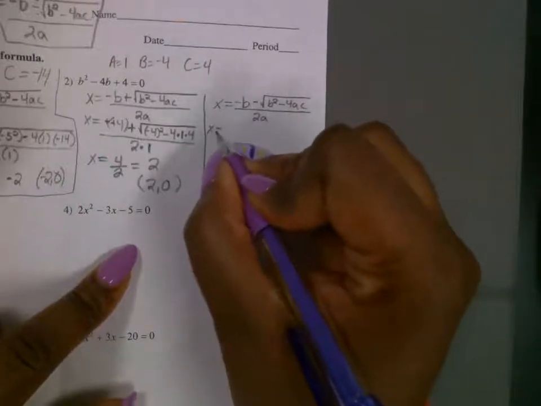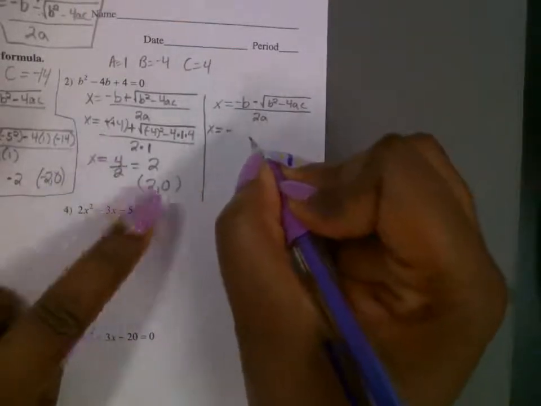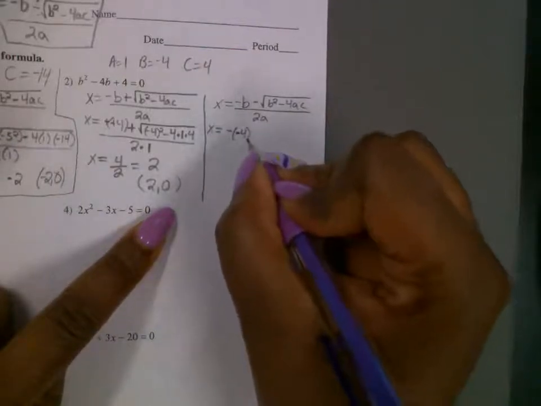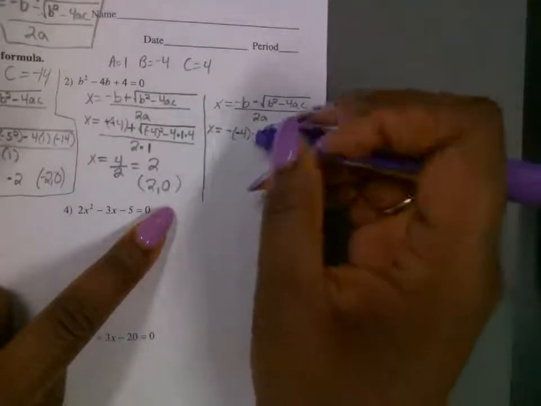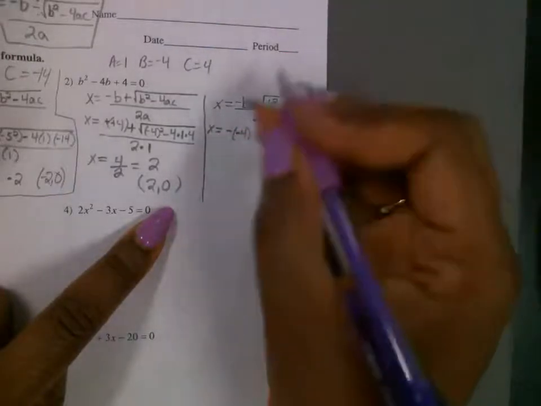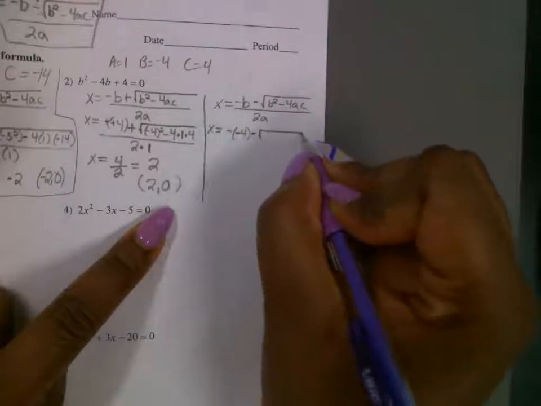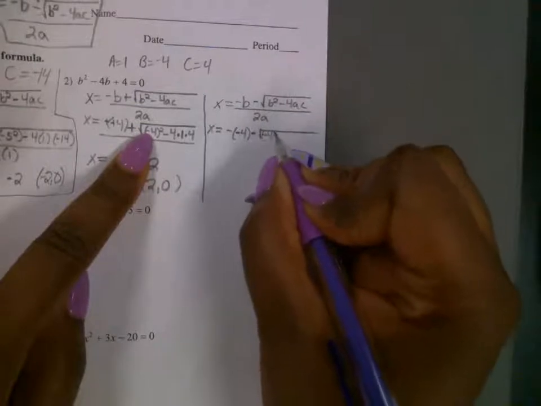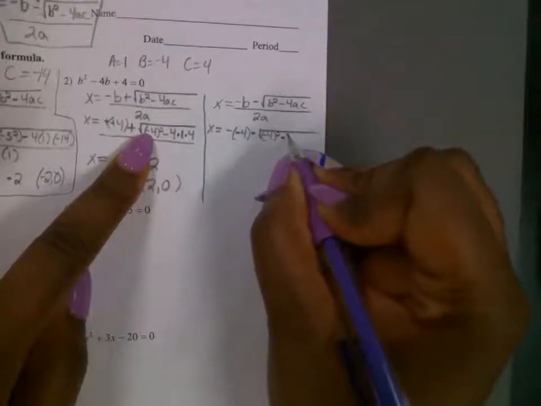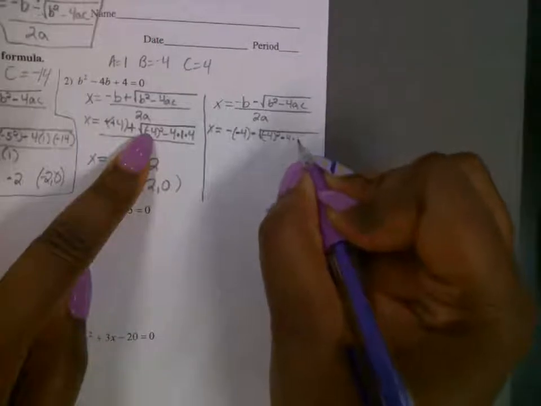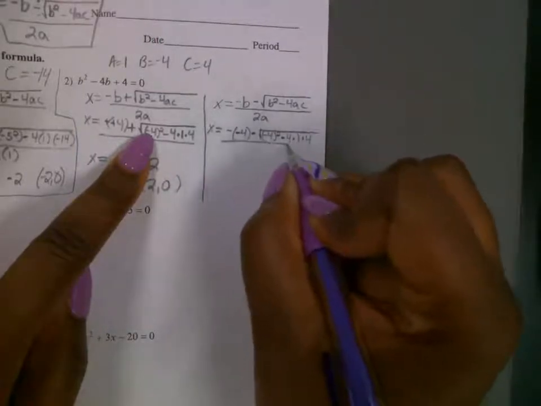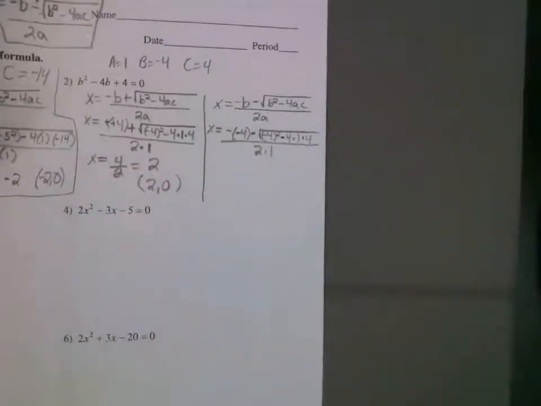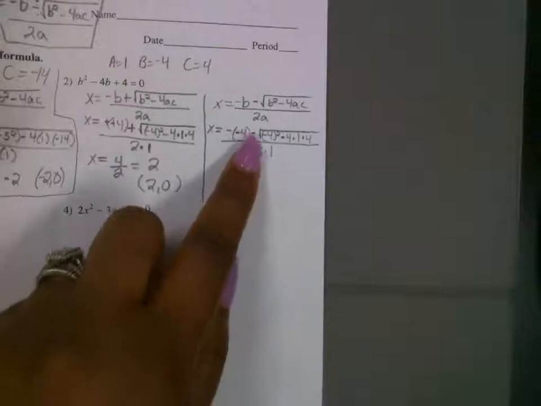So x is equal to negative times a -4, minus the square root, and we got the same thing. This is -4 squared minus 4 times 1 times 4 divided by 2 times 1. So we're doing the same thing again. The only thing we're changing is this minus sign here.